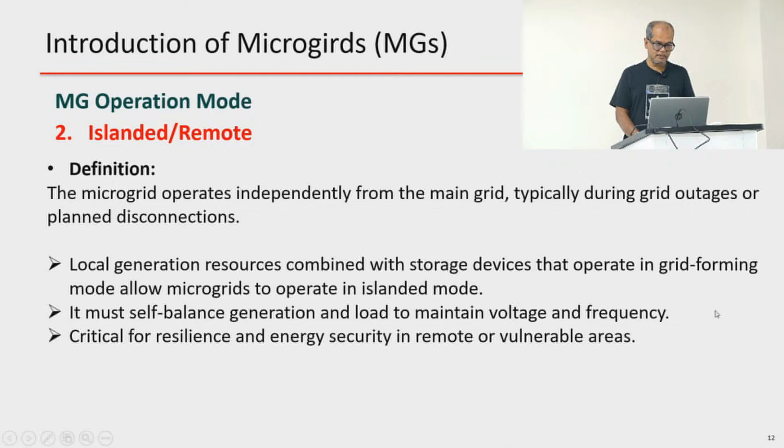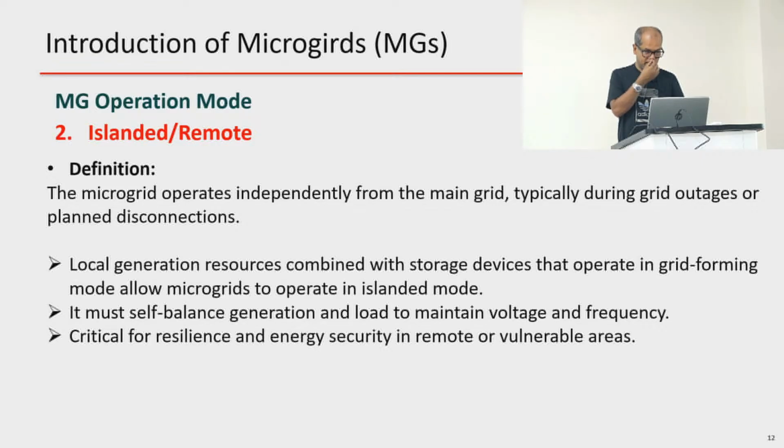When it is in islanded mode, the control and energy management system is quite important, because it is quite challenging to control the microgrid when it is islanded. As you know, most generators are power electronic based.